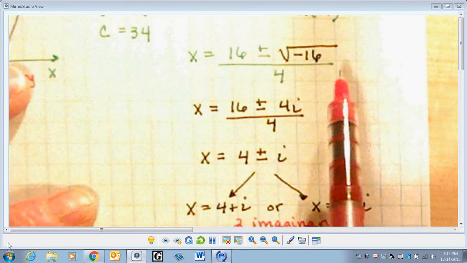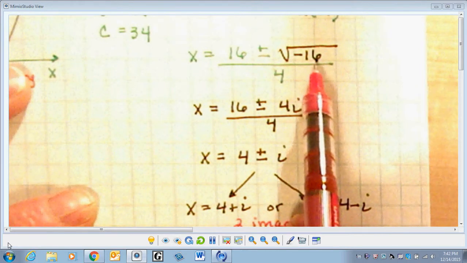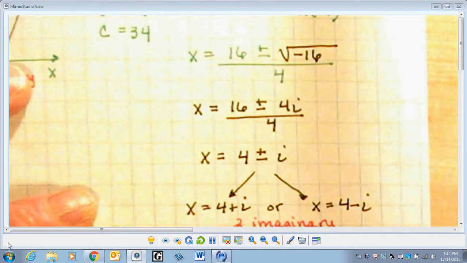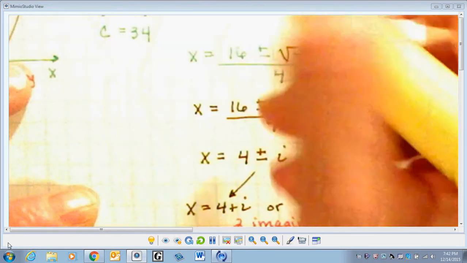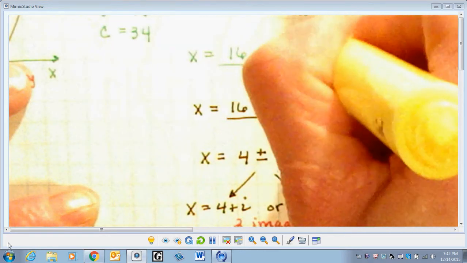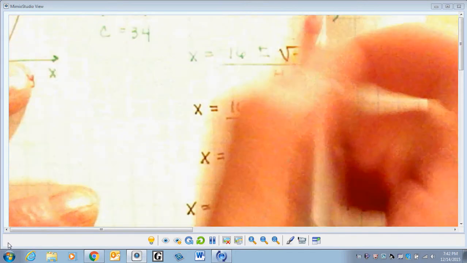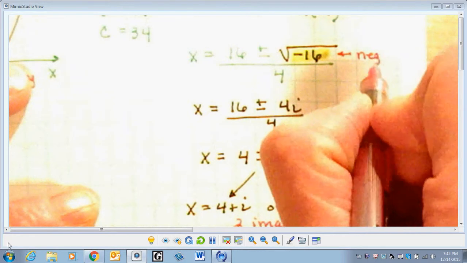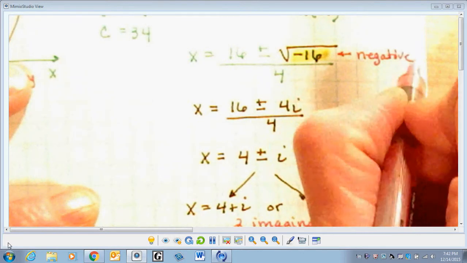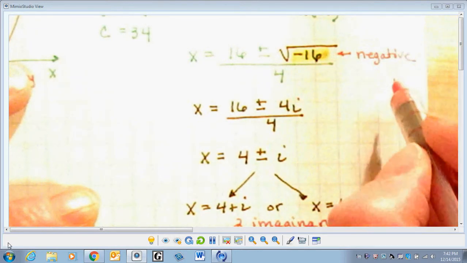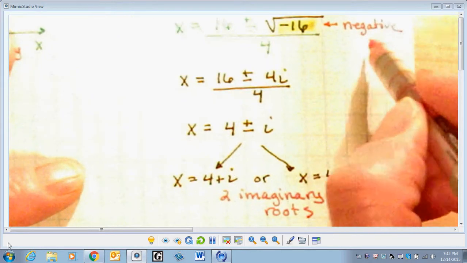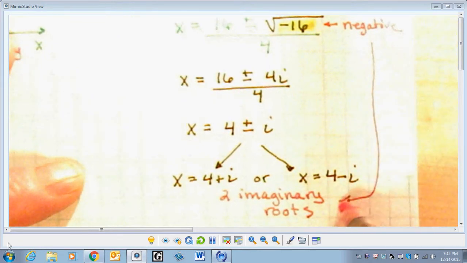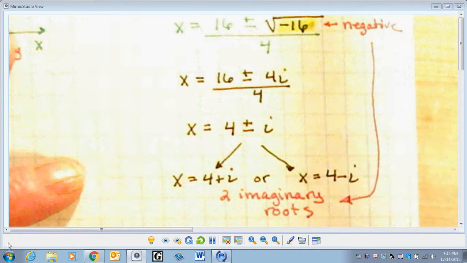And we could see right here that my discriminant is negative. So let's go ahead and highlight that. Because a discriminant, when it's negative, so there we have negative. And so a negative discriminant will give me 2 imaginary roots.